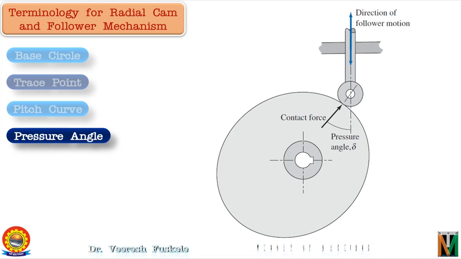So only the vertical component will be used for providing the motion to the follower. The other force component is undesirable and it generates a side load and must be absorbed by the follower guide bearings. So this angle, that is the pressure angle, correlates these two components of the contact force.